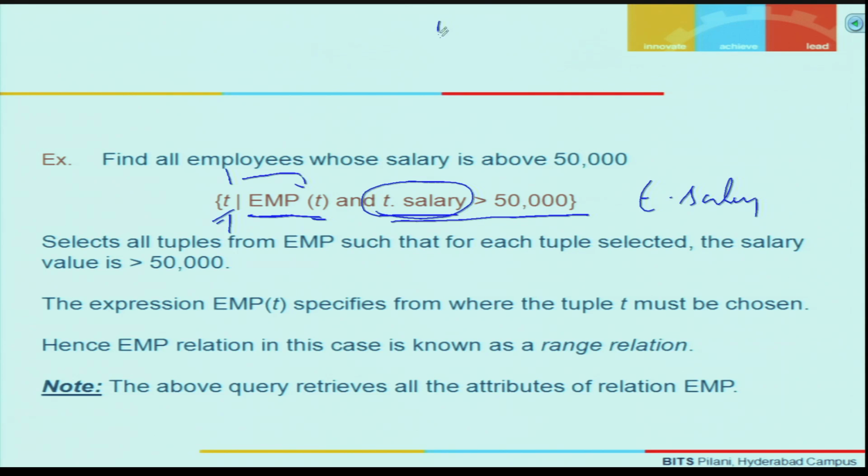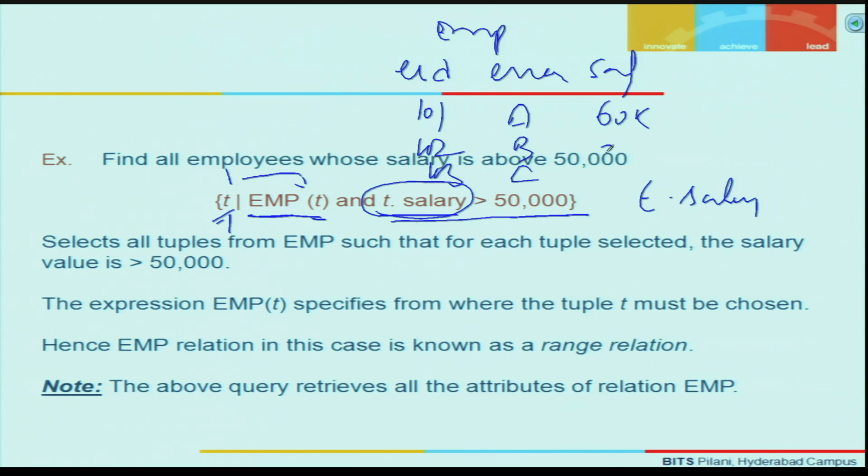Suppose I have an employee table with employee ID, employee name and salary. I have 101, 102, 103, with names A, B, C, and the salaries are 60K, 30K and 40K. In the formula it is clearly specified that the tuple variable T ranges over the employee relation.